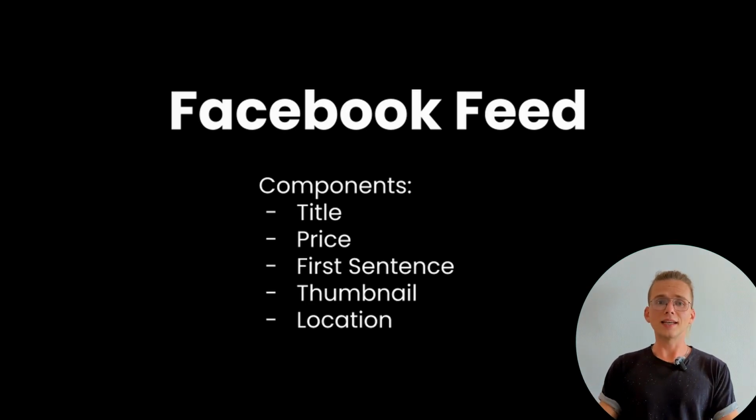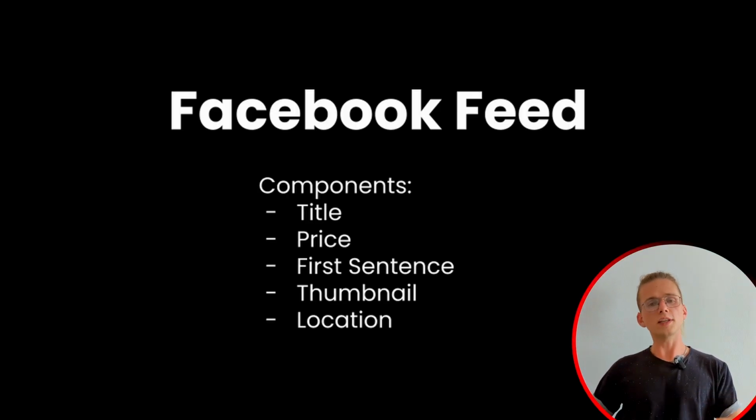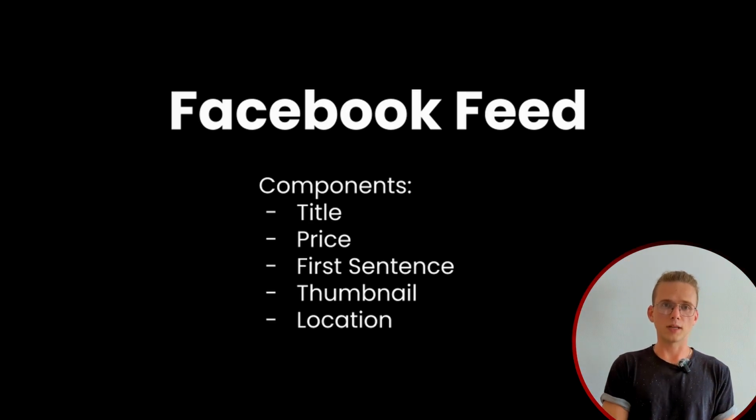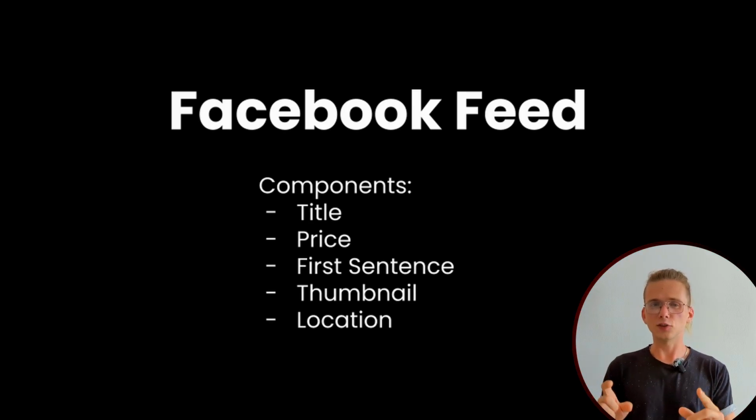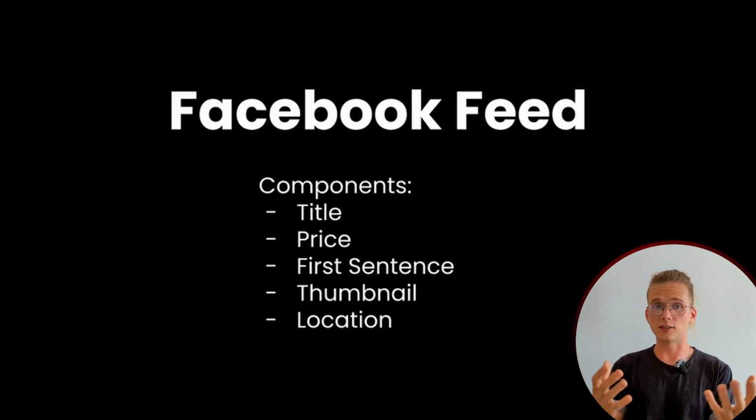When you do that, they see a different format of your listing, which includes the thumbnail, the title, the location, the pricing, and it also includes the description. Now, it only includes the first sentence, or the first, I think, 20 or 30 characters of your description. But it is enough to give yourself a little bit more real estate to advertise your listing.